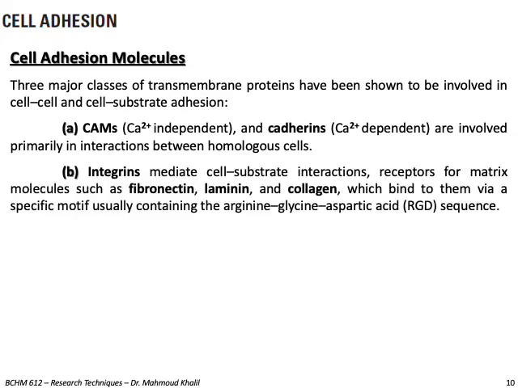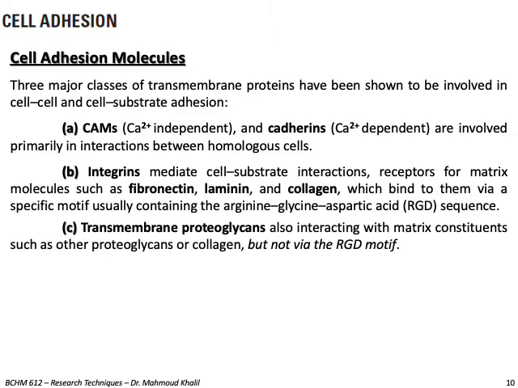The second class of adhesion molecules is integrins, and these integrins mediate cell-substrate interactions. Receptors for matrix molecules such as fibronectin, laminin, and collagen bind to them via a specific motif, usually containing the three amino acid sequence arginine glycine aspartic acid, RGD.